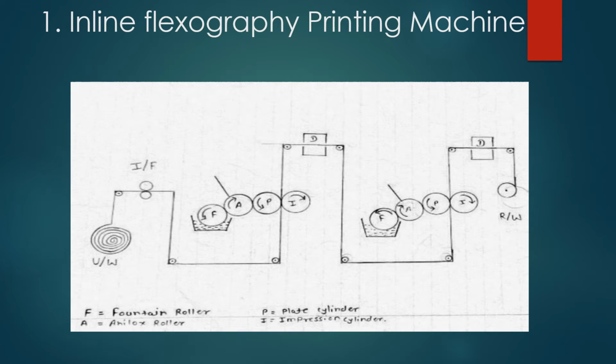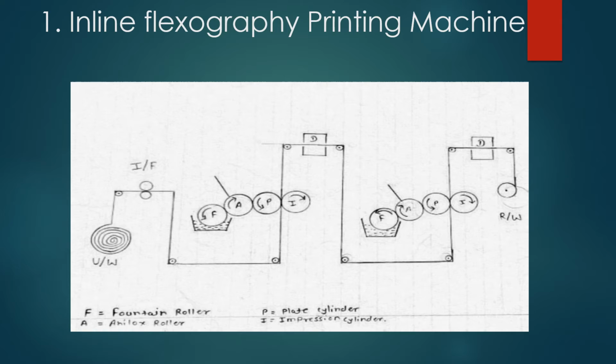If additional operations like slitting, die cutting, or UV are required, those units are ahead after the second unit, and after that the web is rewound at the rewinder. In the inline press, the units are arranged one after another.